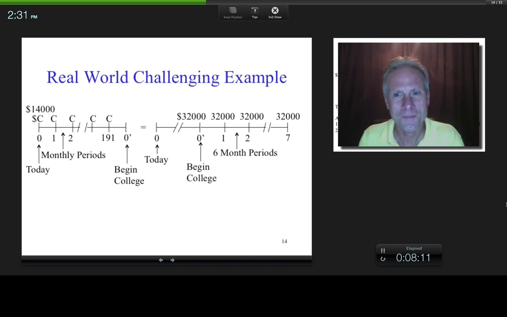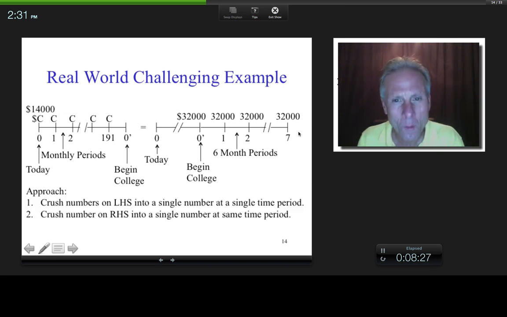So how do you do this? Well, basically, the approach is, step 1 is we're going to take all of these guys right here and crush them into one single number at one single time period. And then we're going to take all of these guys right here and crush them into one single number at the same time period.